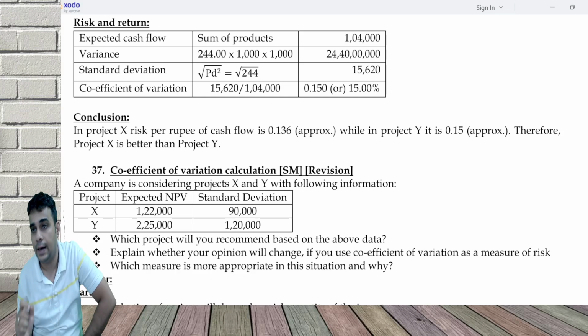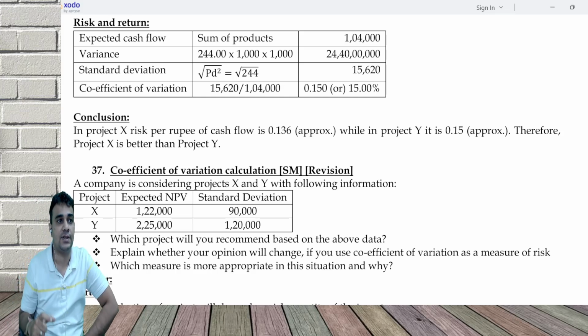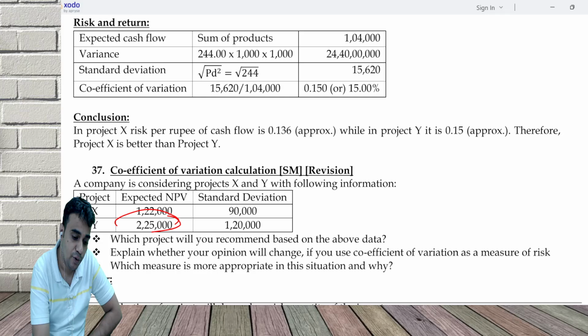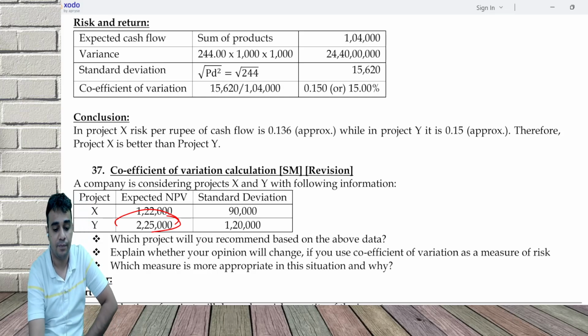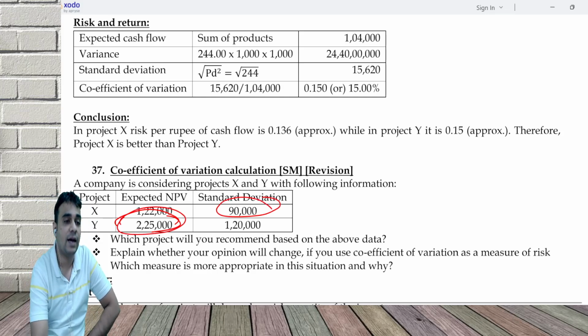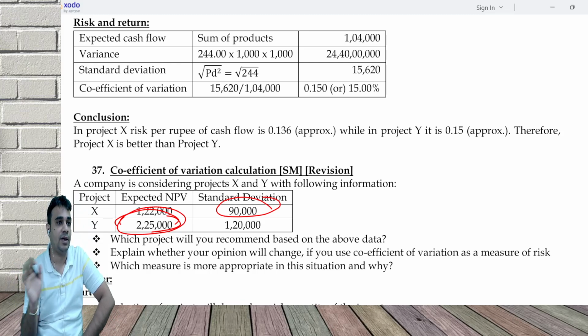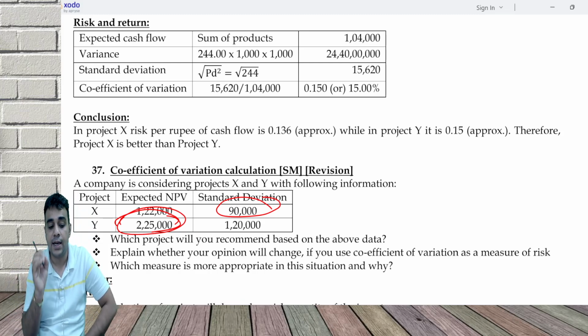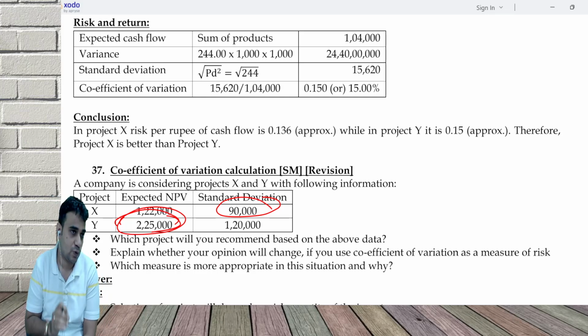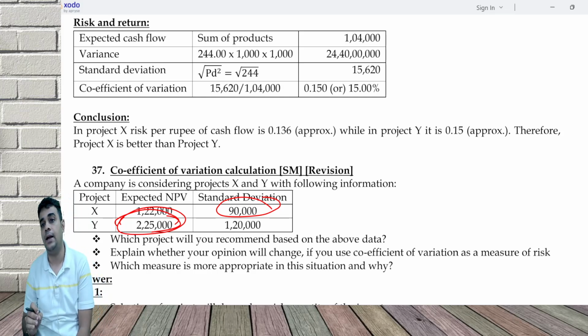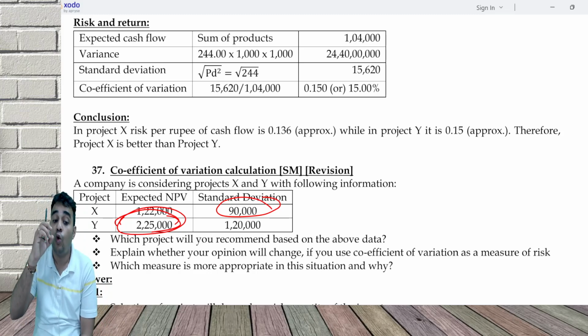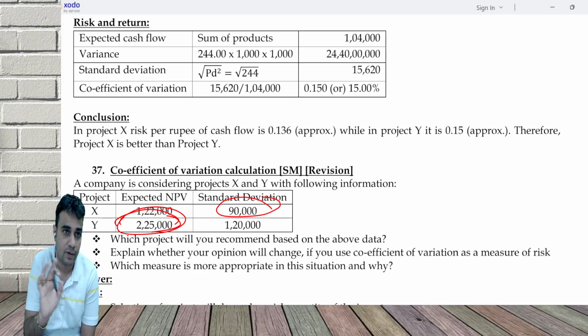If you are an aggressive investor, you want return. Which project will you select if you want return? Which project will you select if you want low risk? Both are right in their view. You cannot tell them that he is wrong or you are wrong. The aggressive guy will select project Y, the conservative guy will select project X. Coefficient of variation forces people to select only one: no conservative, no aggressive.